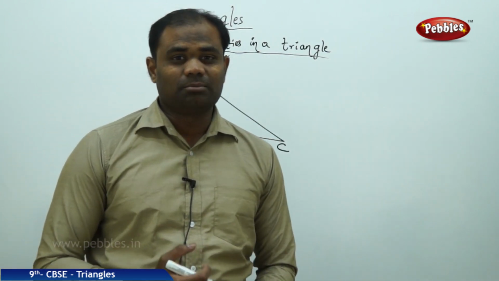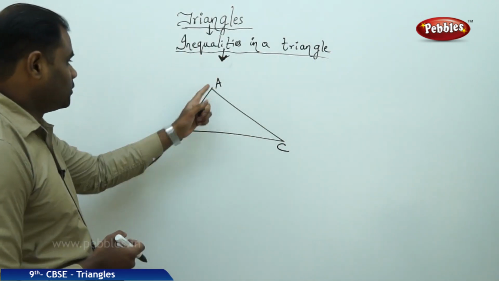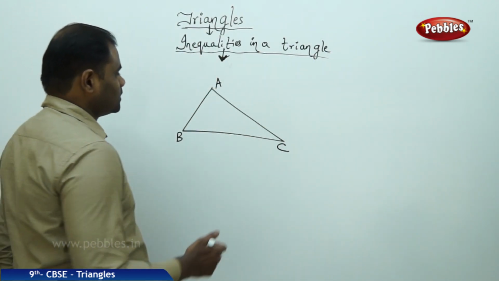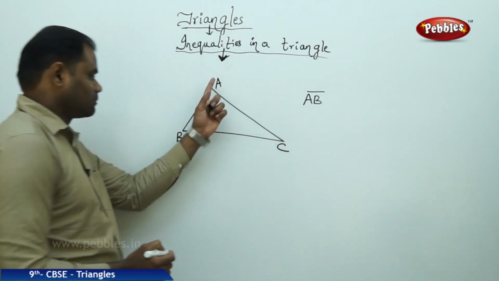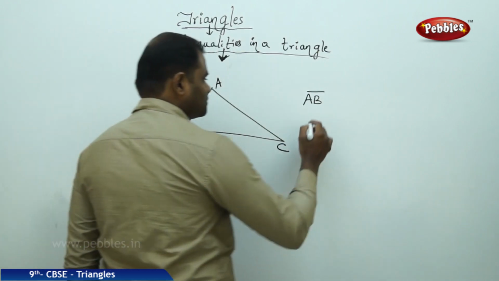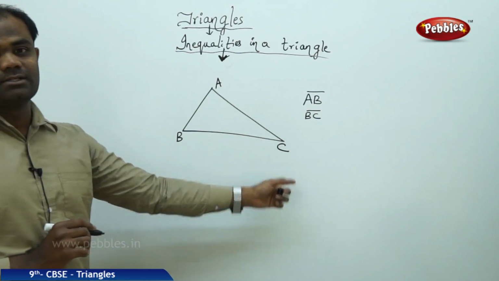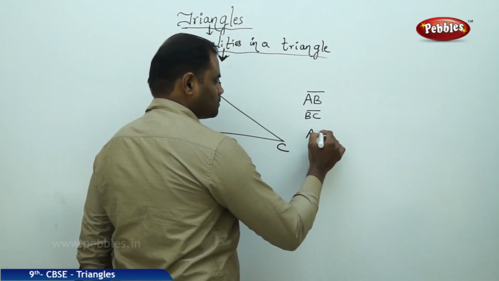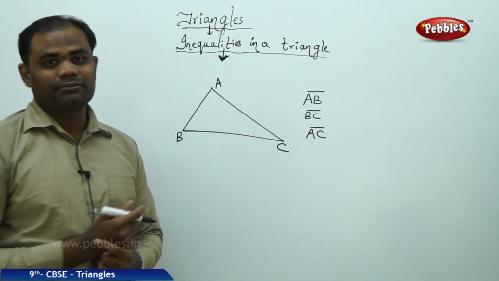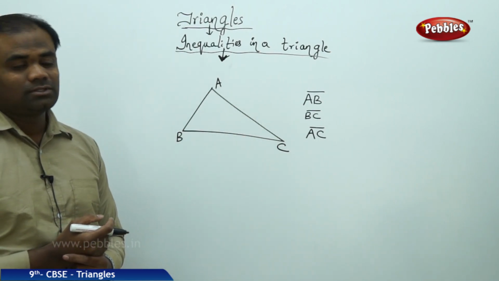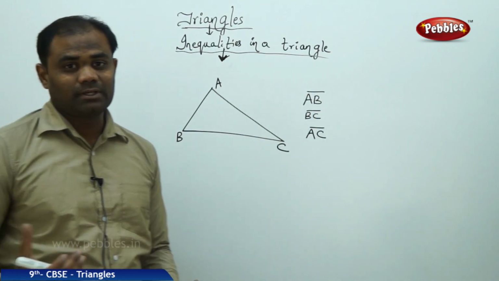So let's see the property connecting the three sides of a triangle. For this triangle ABC, there are three sides which are AB, BC, and AC. So using these three sides, let's see how the geometrical property connects.